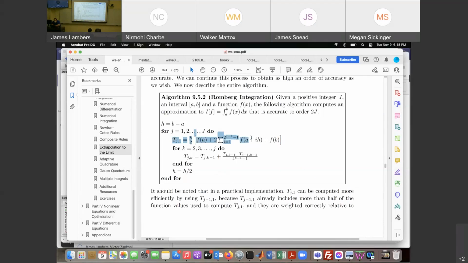So really all the work is here. Once you have that, there's very little left to do, just to combine the approximations in the right way.